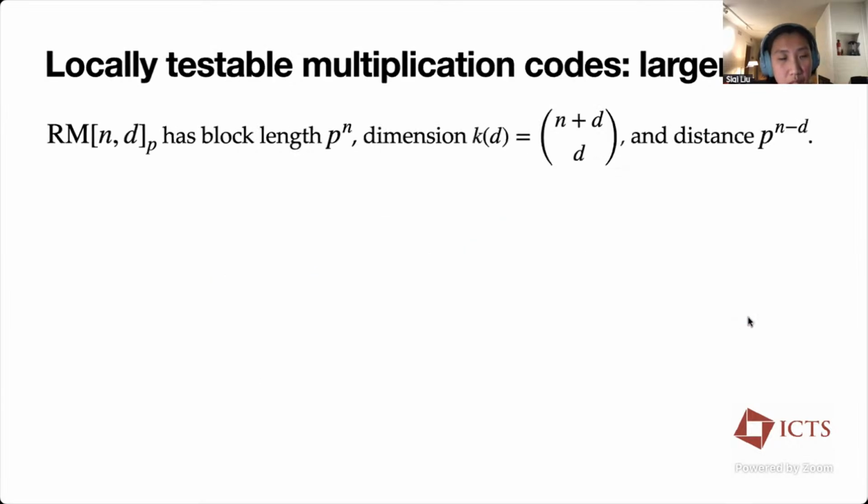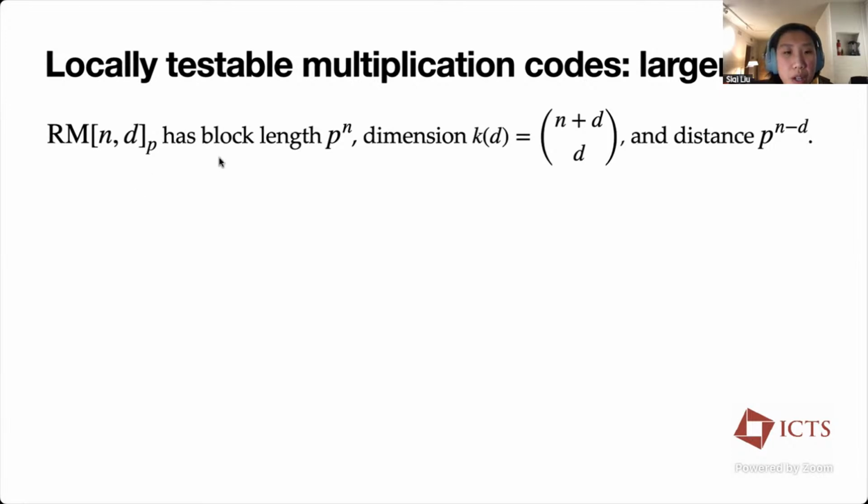So this sounds good. However, we run into the problem that this Reed-Muller code's dimension or its rate is not good. In particular, we are interested in the case that p is a constant, so we're looking at a finite field. And because of that, the degree d also is a constant.